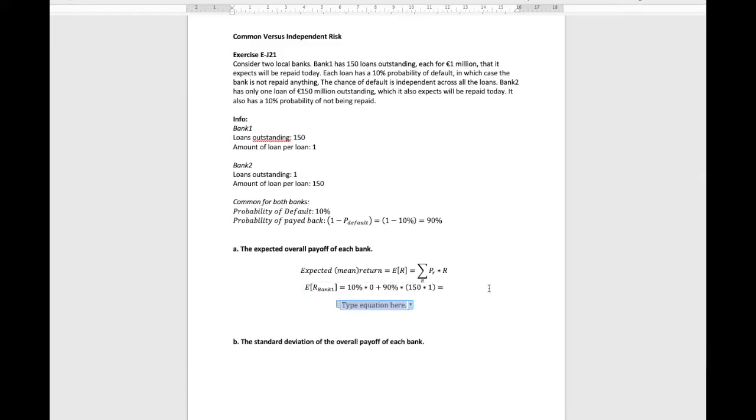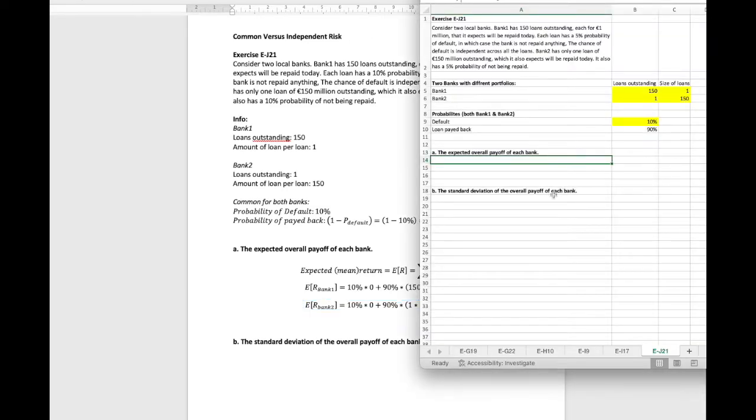And we can do the same for bank 2, where we have 10% times 0, as there's a 10% probability for the loan to be 0, and 90% probability of the one loan being equal to 150.